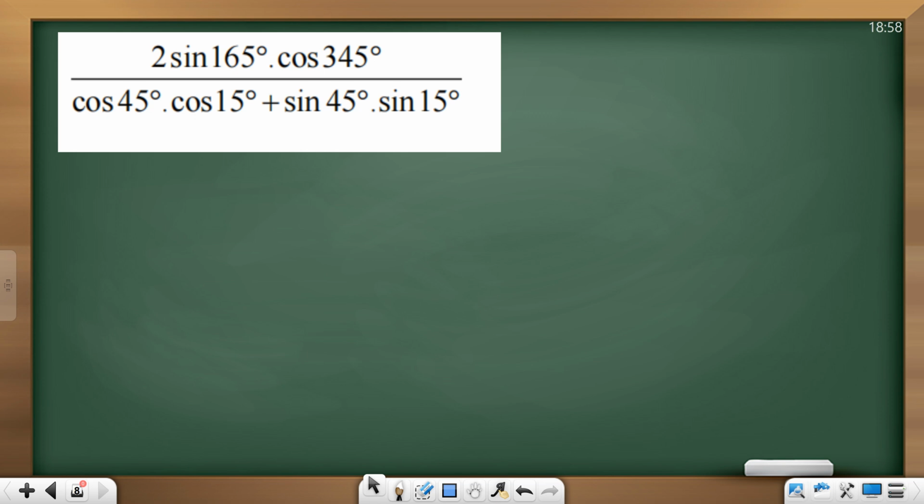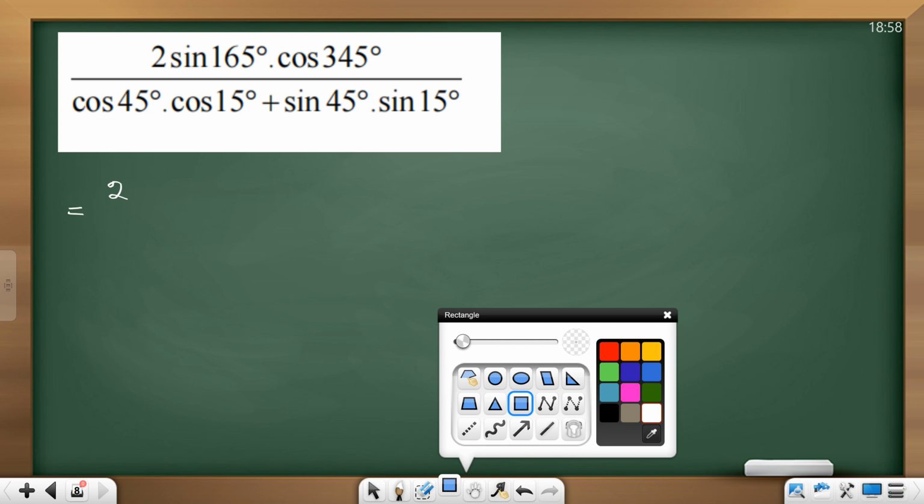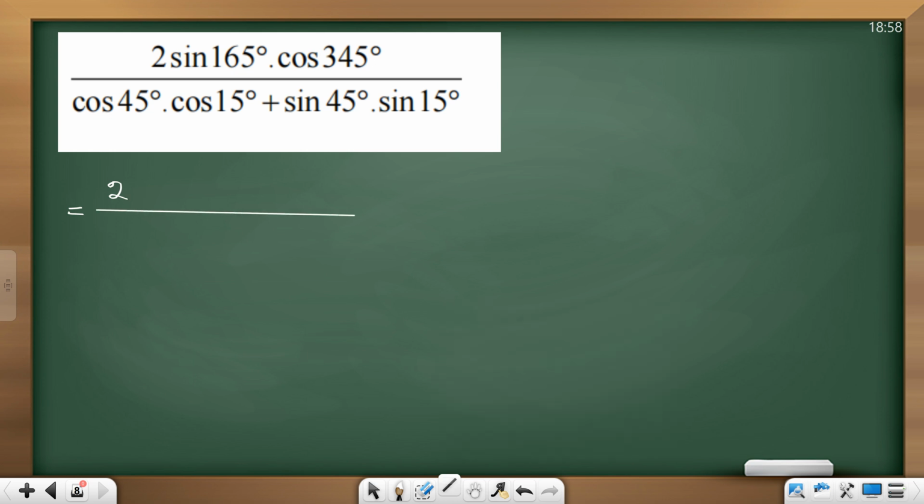Quickly. Sine 165. I want us to do it gradually. There's nothing we can do about the 2. 2 remains. What is sine 165? I don't want to see all this 180 minus stuff. Please. Do it for me quickly.